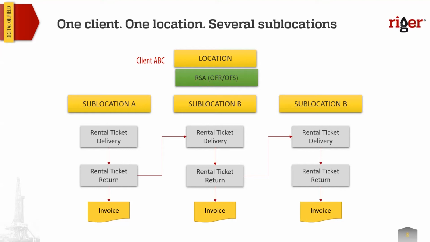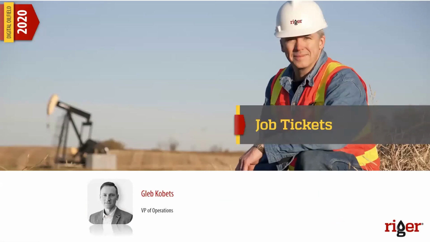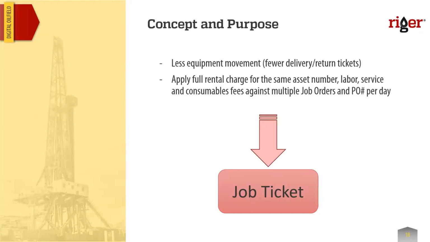And let me show you how it works and how it solves the problem of generating lots of different documents in the system. So for the job ticket, we have two main purposes that we should accomplish with this solution. The first purpose is to have less equipment movement, or simply saying, fewer delivery and return tickets.